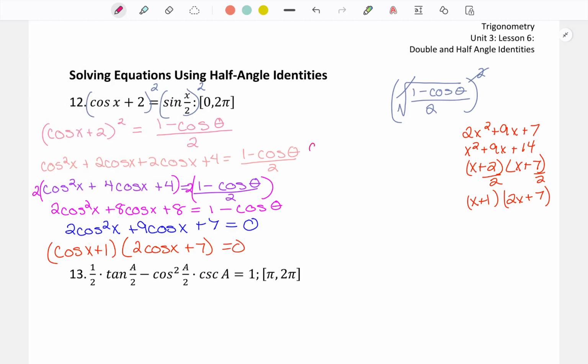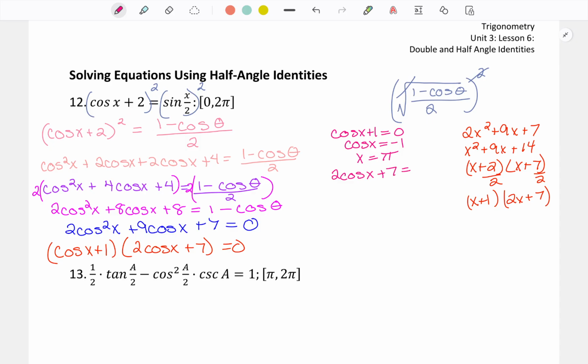So we have cosine x plus 1 equals 0. That gives us cosine x equals -1. And so we have x equals pi for that one. And then we have 2 cosine x plus 7.